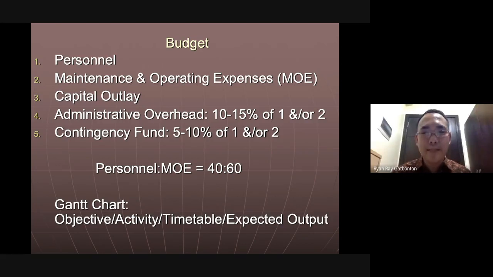No? Any expenses that pertain to maintenance and operating will be classified under MOE o yung tinatawag na maintenance and operating expenses.